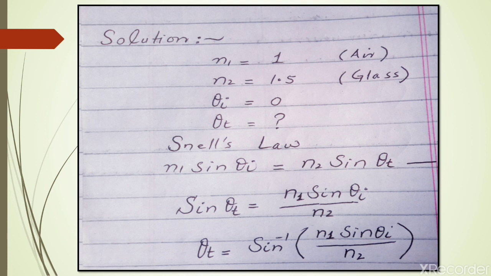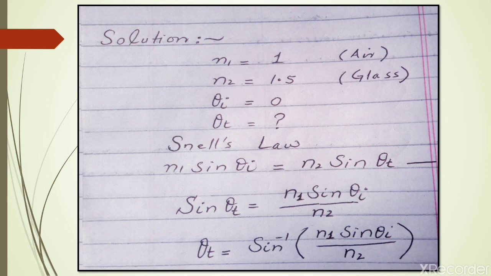That is N1 sine of theta i is always equal to N2 into sine of theta t, and we rearrange this particular equation. If we rearrange this equation, the rearrangement gives you sine of theta t. And sine of theta t is equal to the right hand side. What is on the right hand side? We have N1 sine of theta i divided by N2.